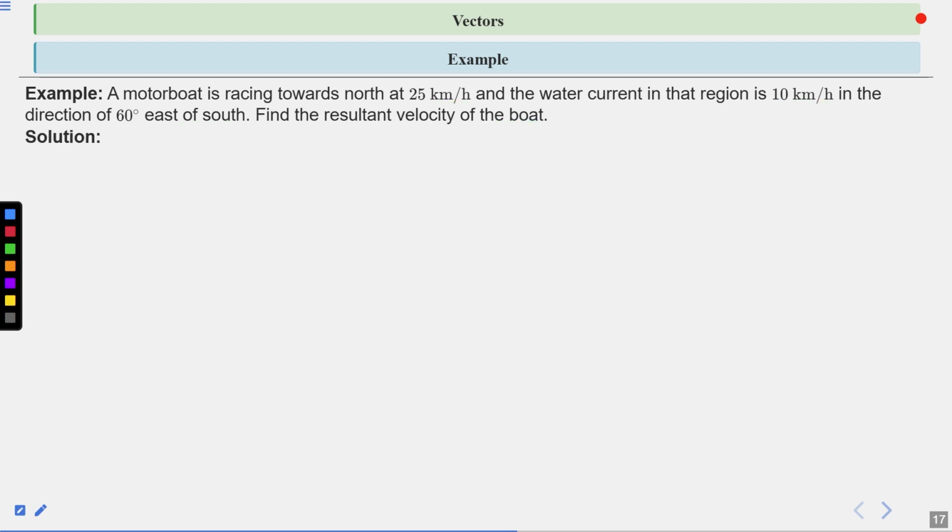Solution. So according to the question, a motorboat is racing towards north. So the directions are north, south, east, west. The velocity of the motorboat is Vb towards the north direction, and the water current in this region is 10 km per hour.